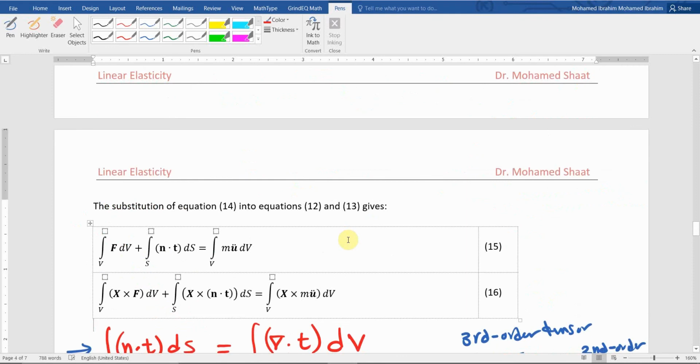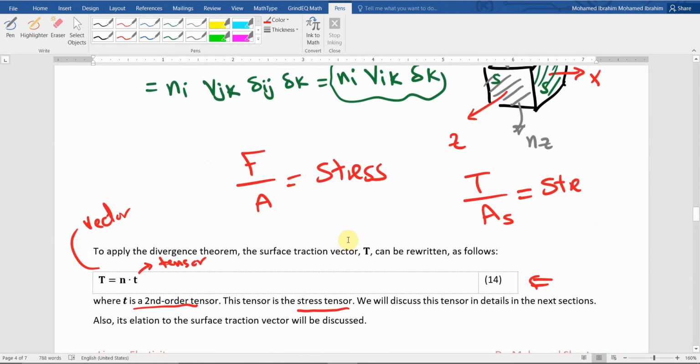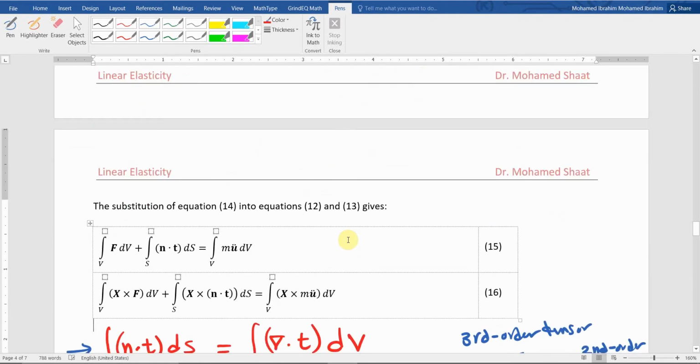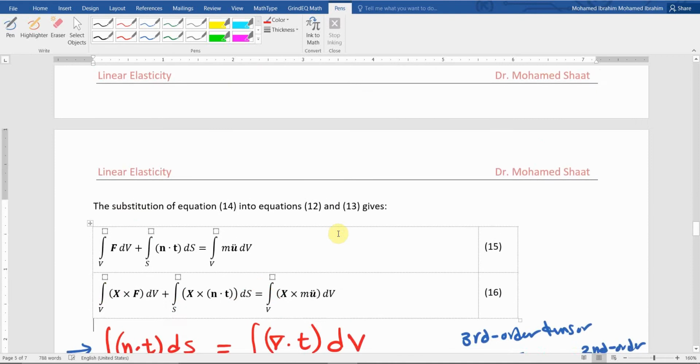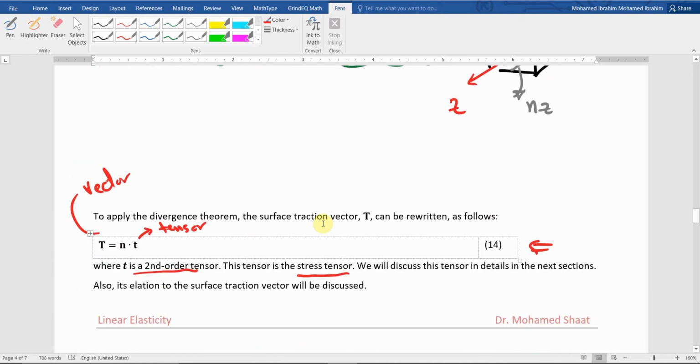But for now, let us use the general expression of the stress as T. This is the stress that is commonly used in the continuum mechanics class or even the machine design course. This is the conventional stress tensor, with a few changes, but it is just a stress. So simply, equation 14 relates these forces acting over the surface directly to the stresses that should be generated in the continuum because of this external force T. Make sense?